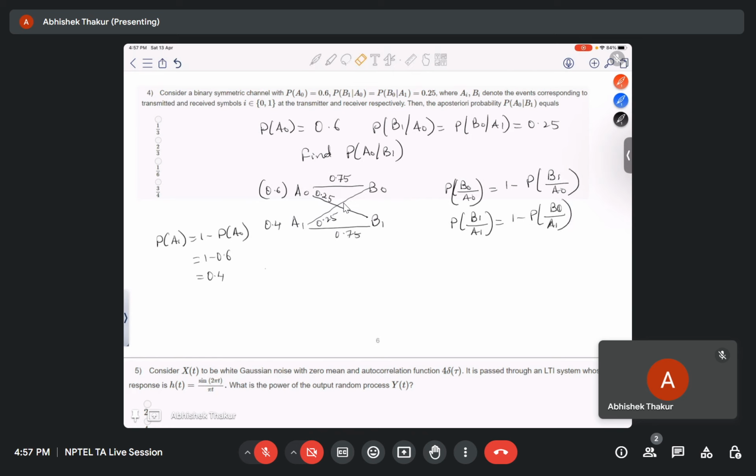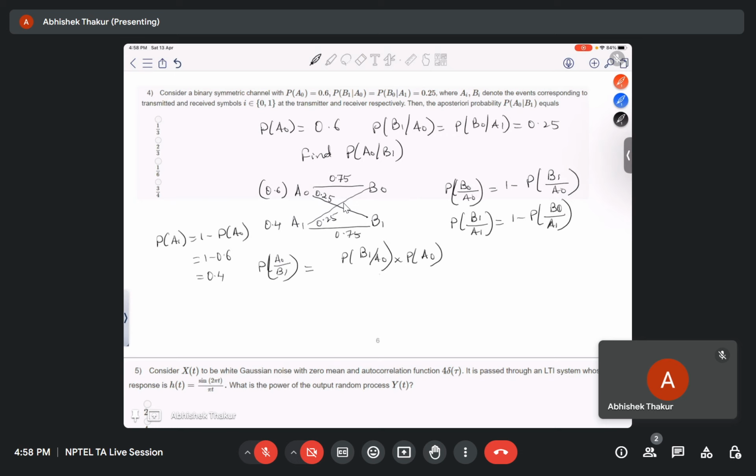Now we have to find the probability of... Sorry, in this question it is asking the probability of A naught given that B1 has occurred.